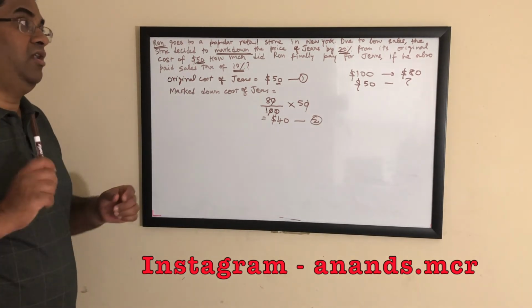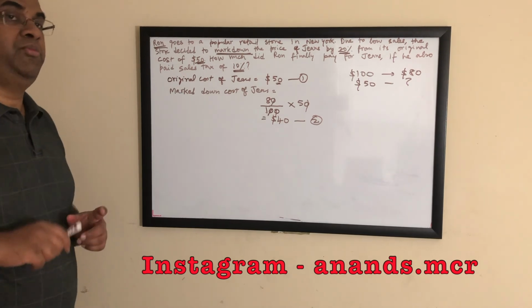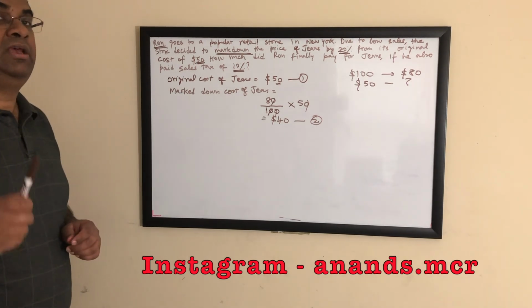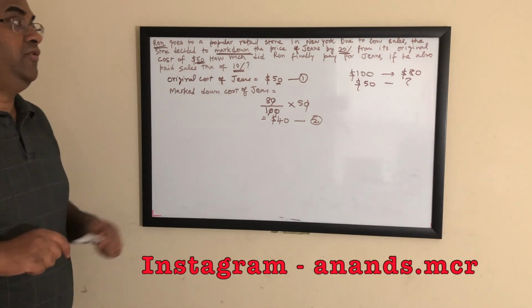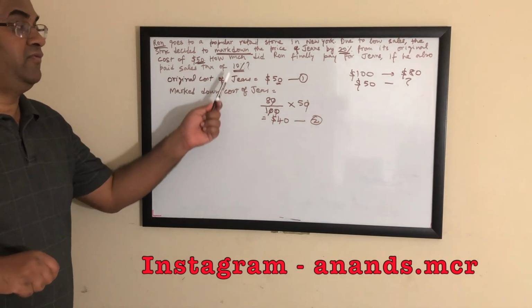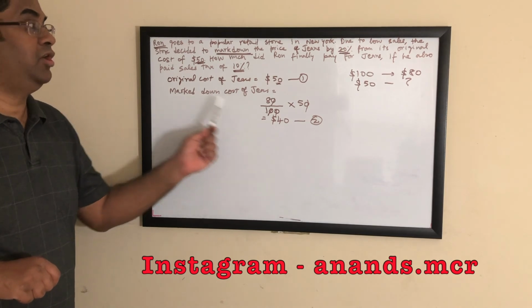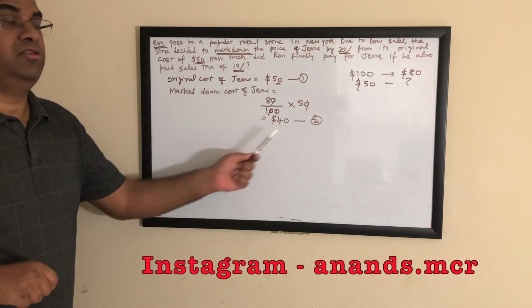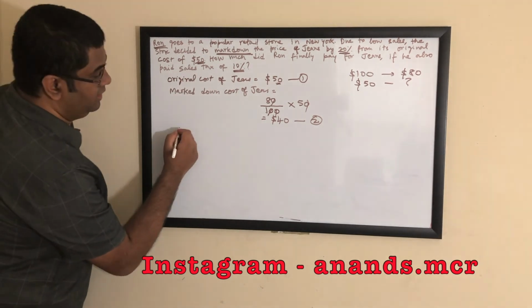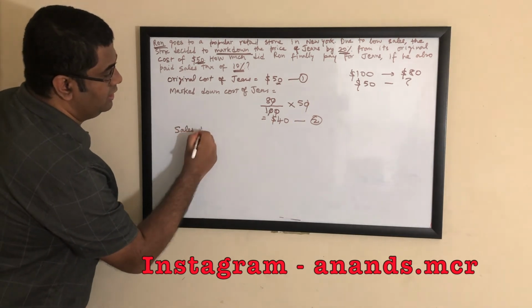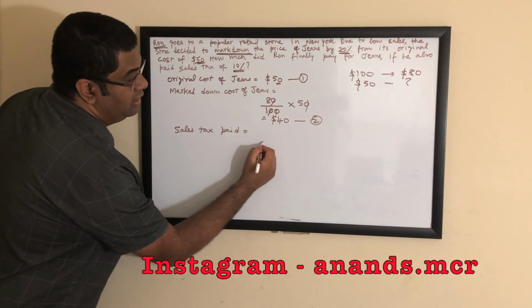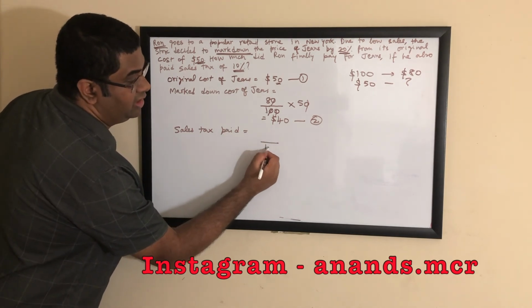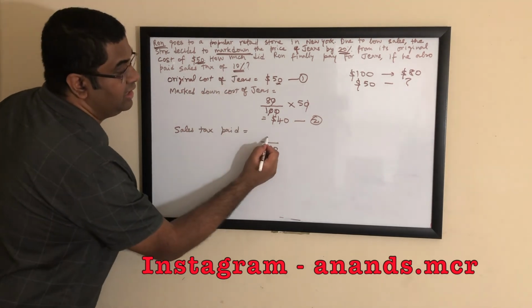And friends, another important thing to remember is that sales tax is paid on the sale price. It is not paid on the cost price. So we will have to calculate the sales tax of 10% on the $40 because sales tax is paid on the sale price. Out of $100, a sales tax of $10 is paid.